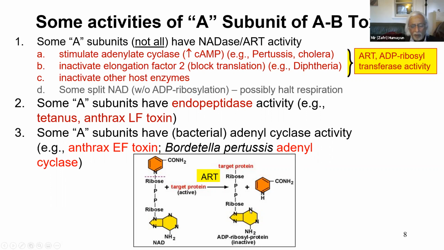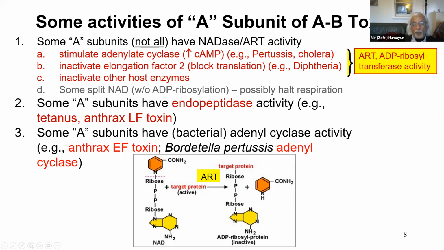A single moiety is transferred to a single lysine residue in a target protein, and that transfer is sufficient to modify the function of the target protein. For example, inactivation of elongation factor 2 by diphtheria toxin falls into that category. There are other host enzymes also that are targeted and inactivated by this mechanism.